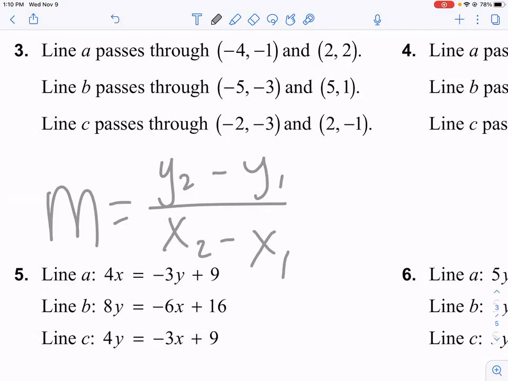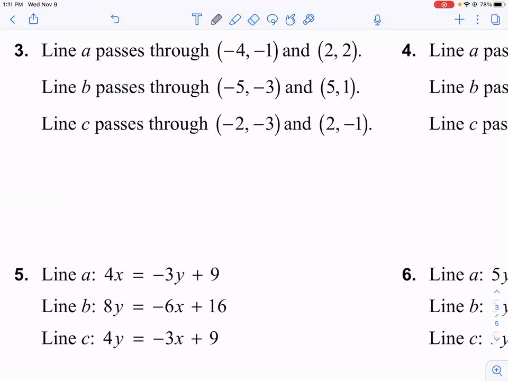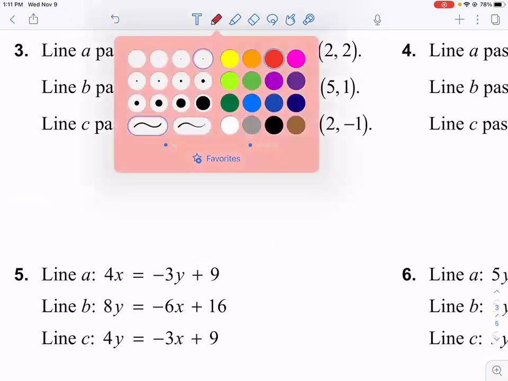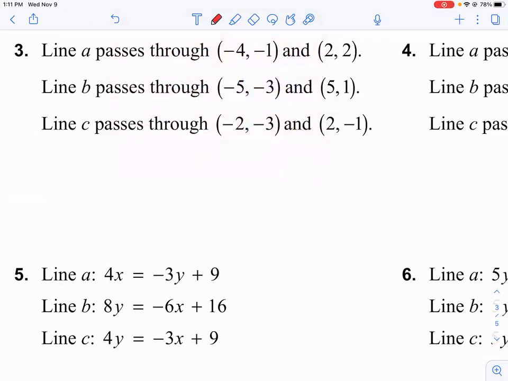All right. It sounds like you're done finding slope and comparing it to your neighbors. Kane, what did you get for line A slope? Purple, do you agree? Negative or positive?